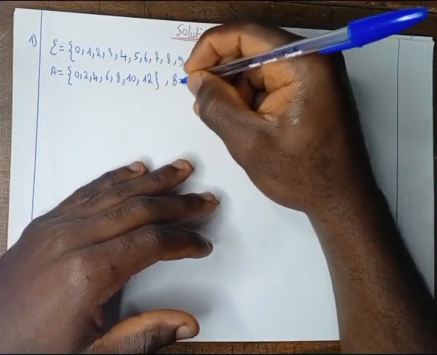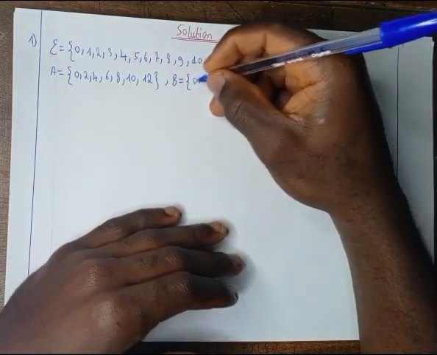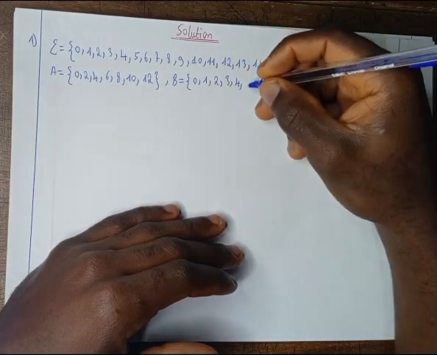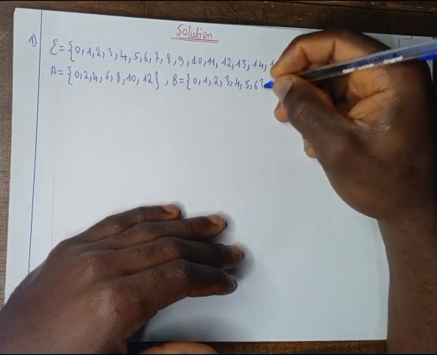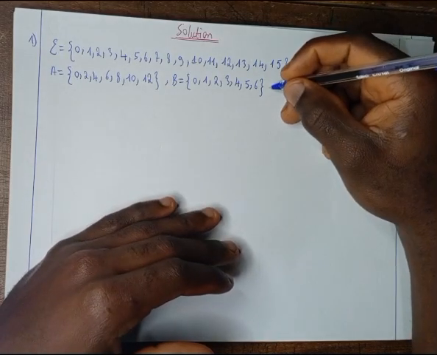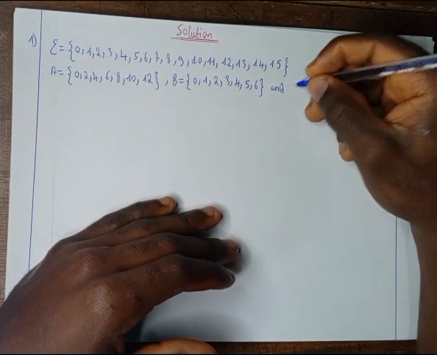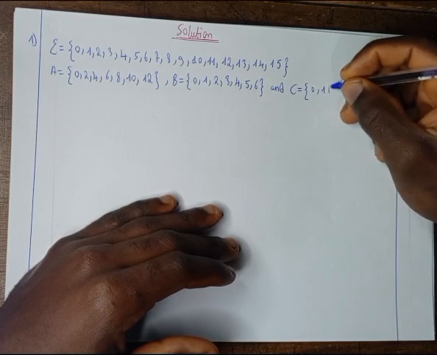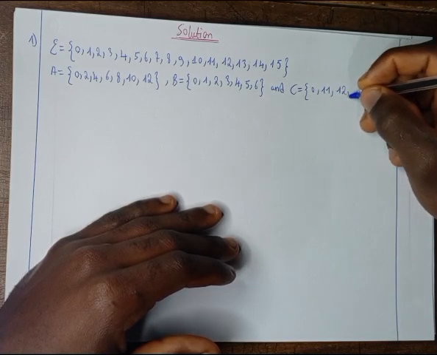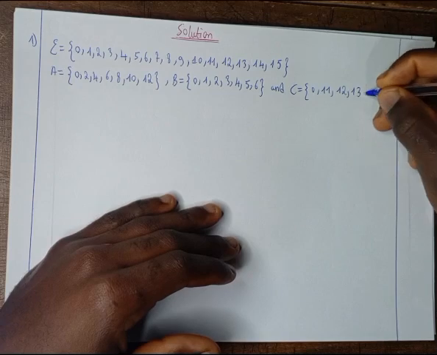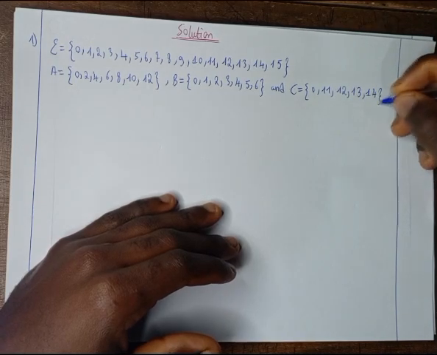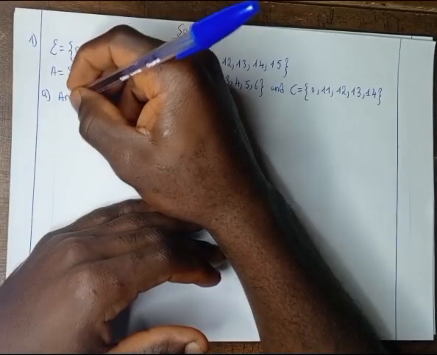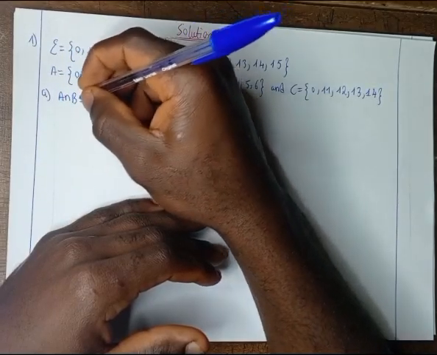We have the set B, which has elements 0, 1, 2, 3, 4, 5, 6. And lastly, we have the set C, which has elements 0, 11, 12, 13, 14.